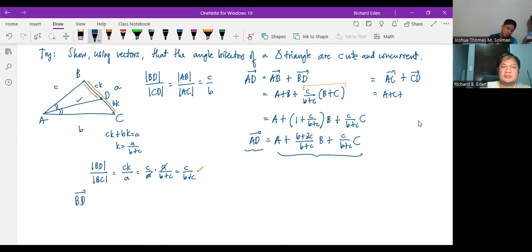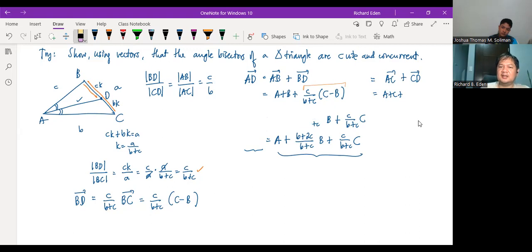BD is the coefficient C over B plus C of BC, right? And this is really C minus B. Yan ang tama, di ba? So this is wrong. This should be C minus B.